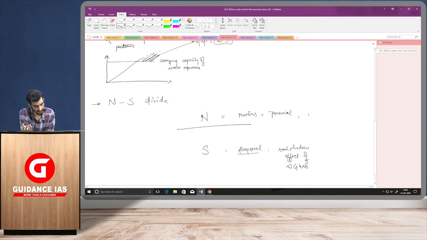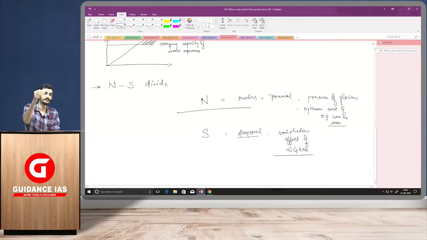Here we have the presence of glaciers. And optimum or near-optimum amount of rainfall can be seen. So this is how variability can be seen between North and South India.